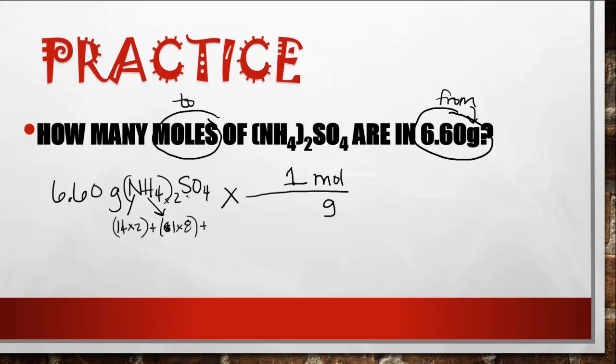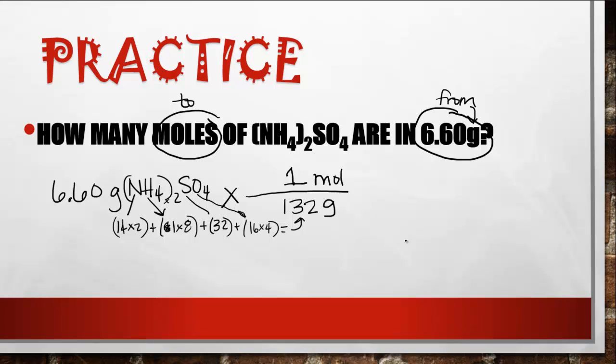And I'm going to add that to sulfur, which is 32, and add that to oxygen, which is 16 times 4. I add that all up and I get 132 grams. So that's what I'm going to put as my molar mass.